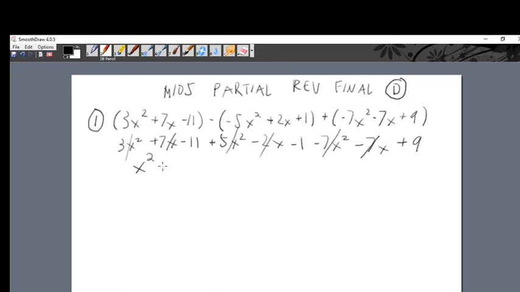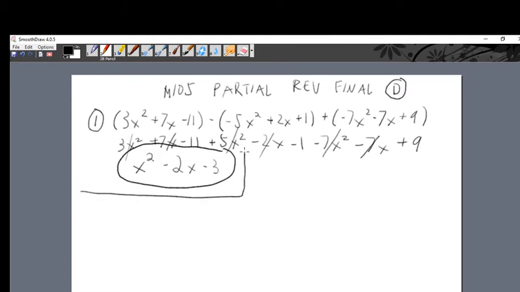It's negative 2x. The 7x and this negative 7x cancel each other out. What's left standing? The minus 2x. Okay, what about the constants? Negative 11 and negative 1 is negative 12. Negative 12 and 9 is going to be negative 3, and this problem is over. Let me conserve some space in case we need it. And that's it for problem number one.